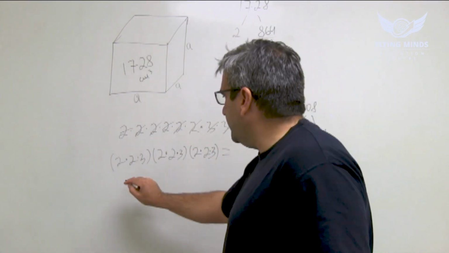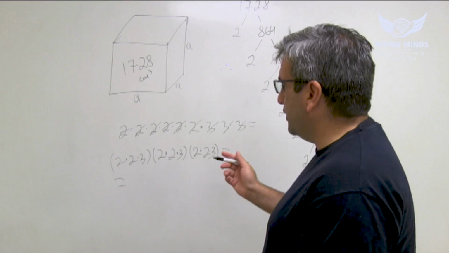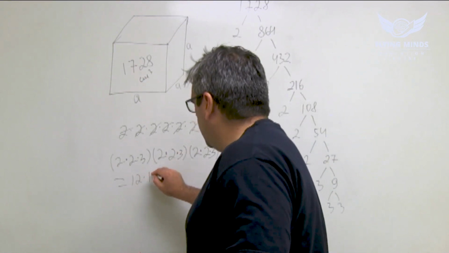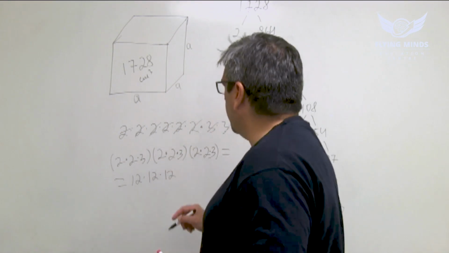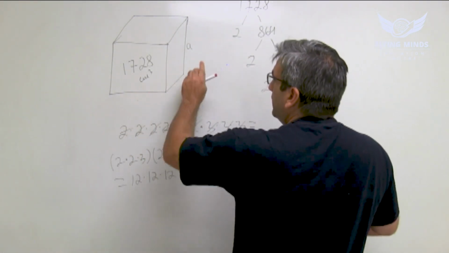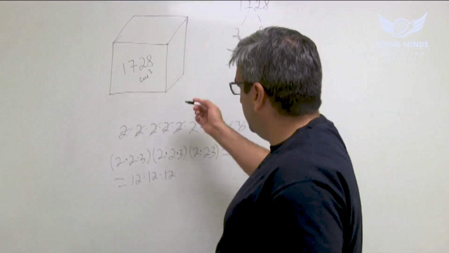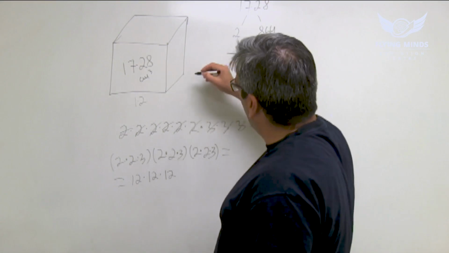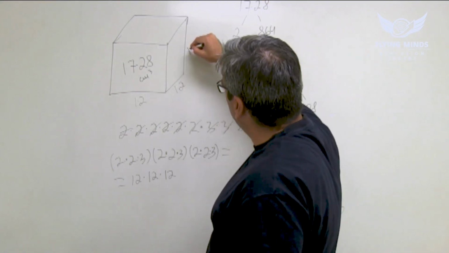Okay, and what do we get? 2 times 2 is 4, times 3 is 12. So we have 12 times 12 times 12. Our shape is a cube with edge length of 12.